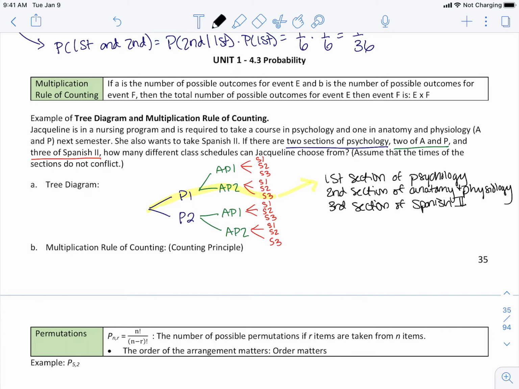All right, so we can take there are 2 psychology times 2 of A and P times 3 of Spanish 2. And that's going to give us 12 schedules.